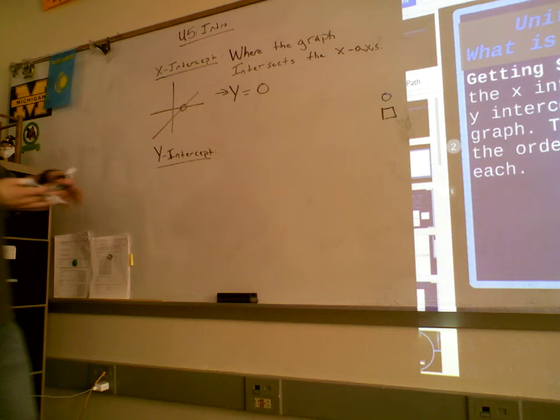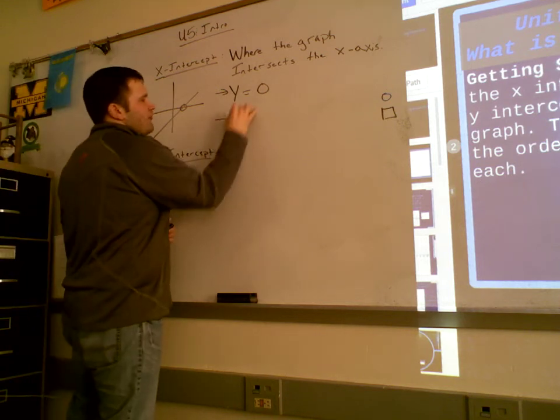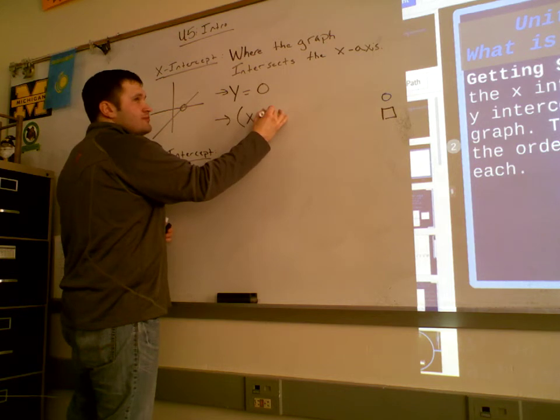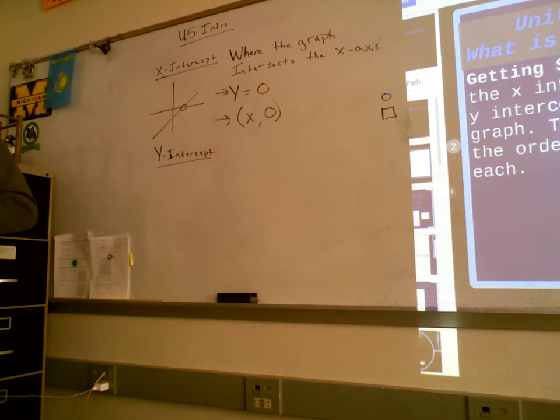So right on the x-axis means y is 0. That means every x-intercept will follow the pattern of x, comma, 0. Every x-intercept, when you find the ordered pair, will follow the pattern of x, comma, 0. Okay. Does that make sense? Are there any questions?